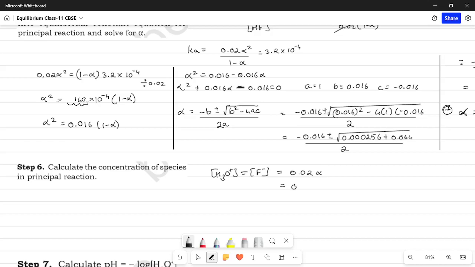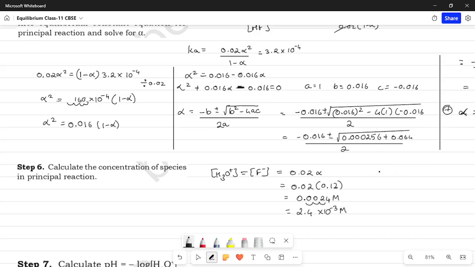Now we know the value of alpha is 0.12, so we just have to multiply that with 0.02. That gives us the value 0.0024 molar. Now because next we'll be calculating the pH, and it's easier to have it as a 10 to the power value, we're just going to move this decimal point over by 3. So you're going to be left with 2.4 into 10 to the power minus 3 molar.